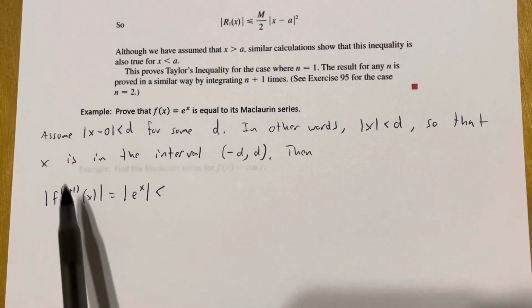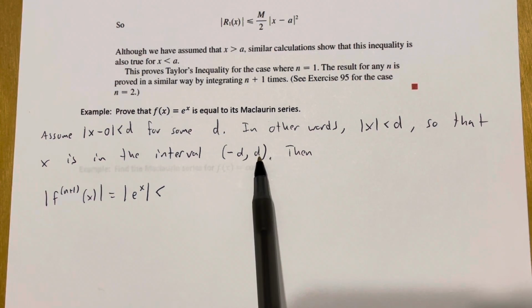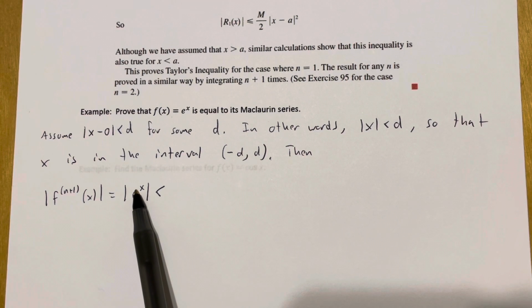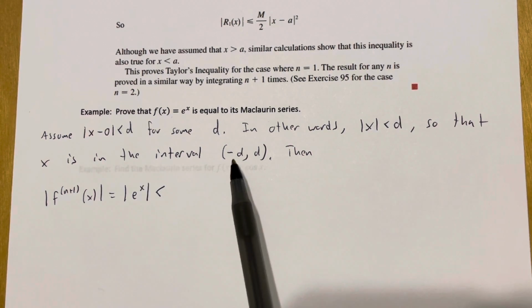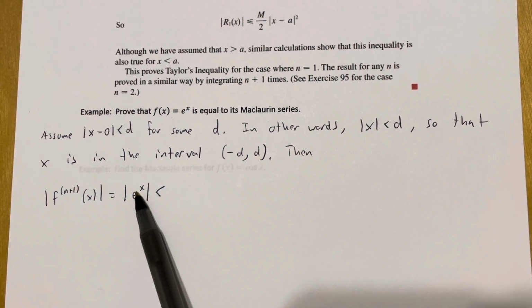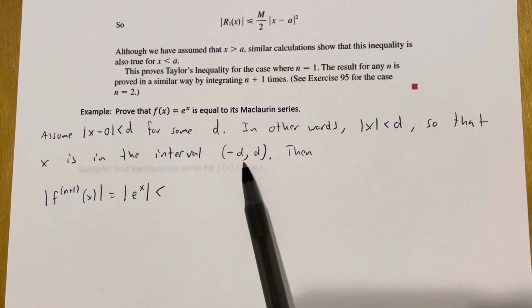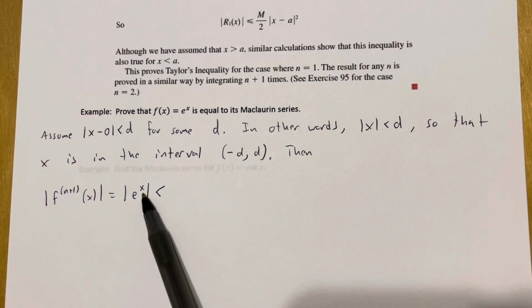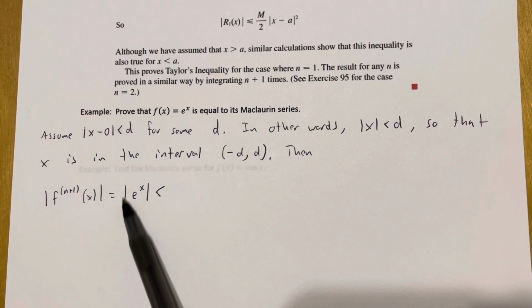But we're assuming that x is restricted to an interval. And I know that e to the x is an increasing function, so that as x gets bigger, the exponential function gets bigger. And also, the exponential function is always positive anyways, so the absolute value here doesn't really make any difference.